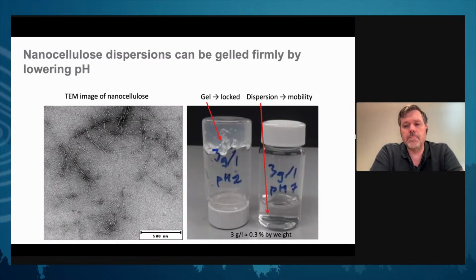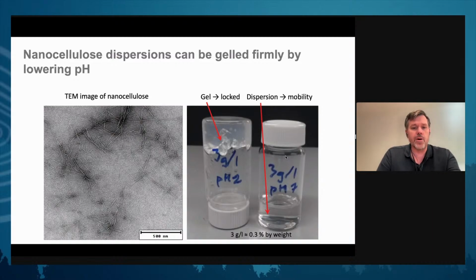At pH 7, it looks like a liquid, behaves like a liquid, looks like water actually. To the left, it has been gel locked, because the charges of the system on the right are stabilizing the dispersion, and then by screening the charges, you get a gel, which is not flowing, and that can be applied in a lot of different ways.